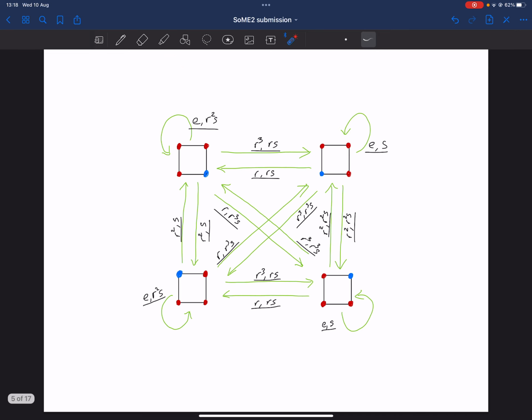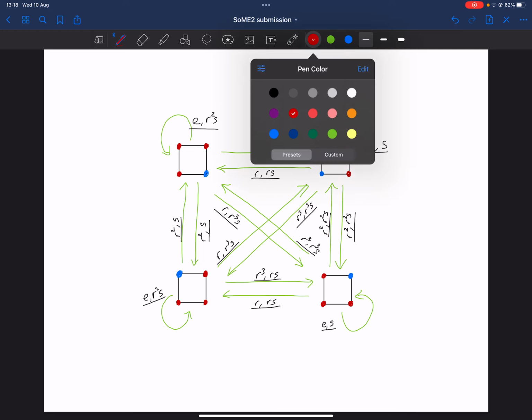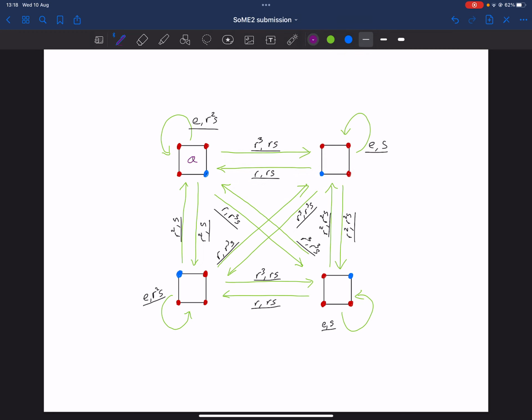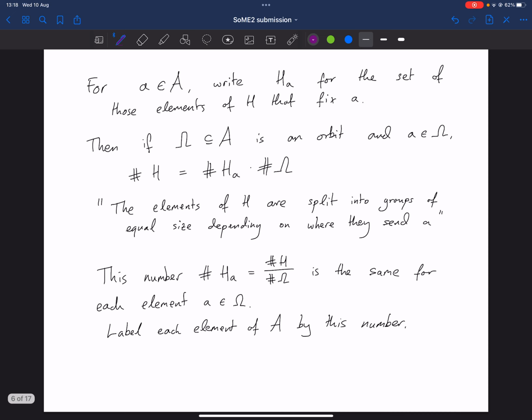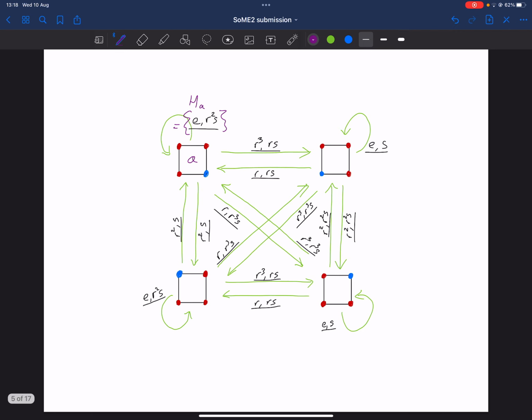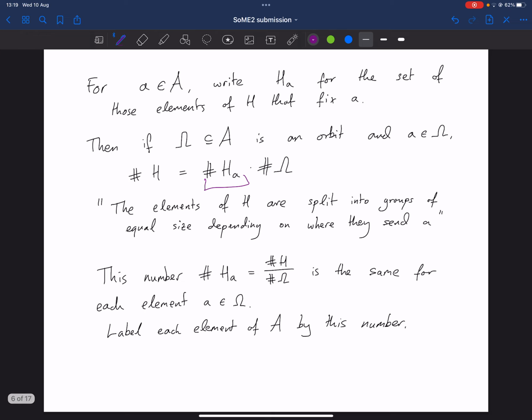So this was our element A. H sub A would be exactly this subset of H. Then we are breaking up our subgroup H into sets of equal size depending on where A is sent under that permutation.